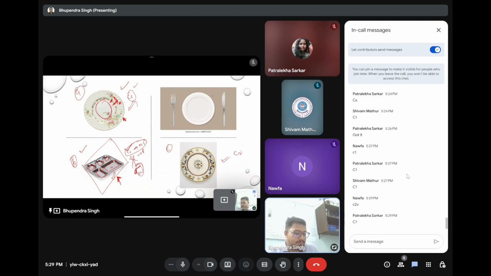Nafa says C2v. Patlekha says C1. Okay. Shivam is saying C2v. So let's find out the point group of this.